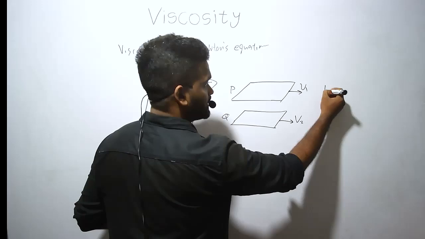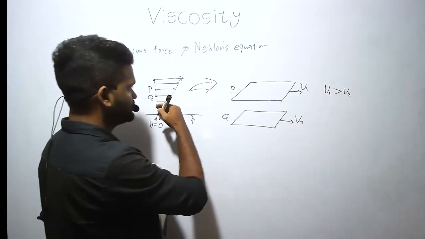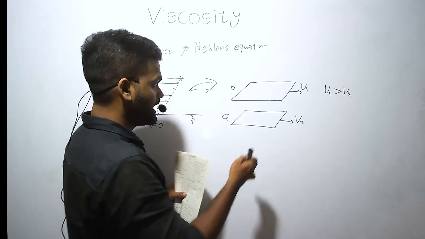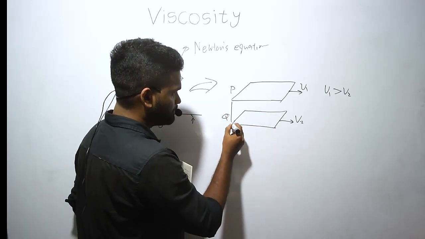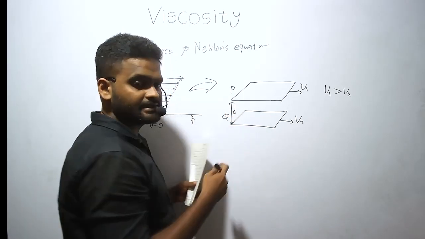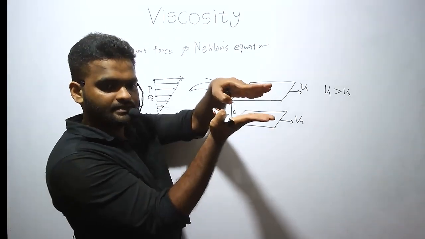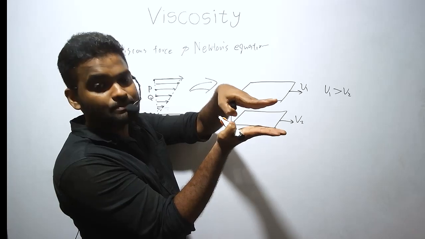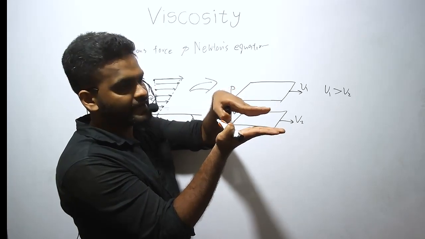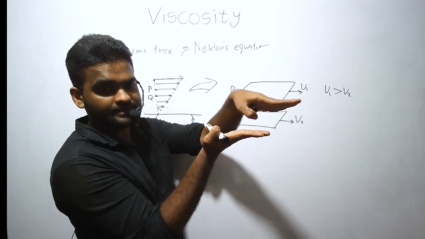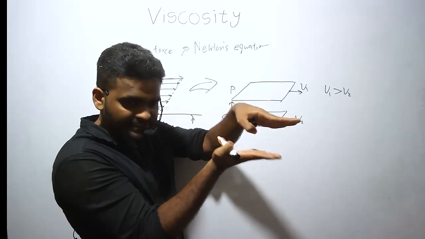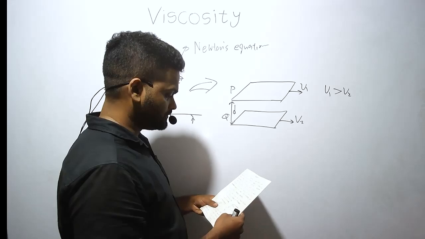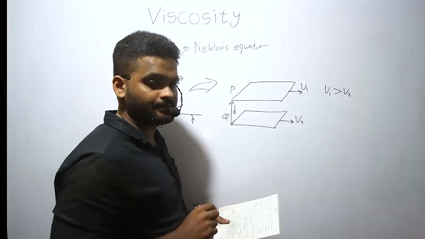We know that V1 is larger than V2, right? As you go away from the plate, velocity increases. And the gap between these two layers, P and Q, is d. The top layer has a higher velocity, the bottom layer has a lower velocity, and the gap is d.